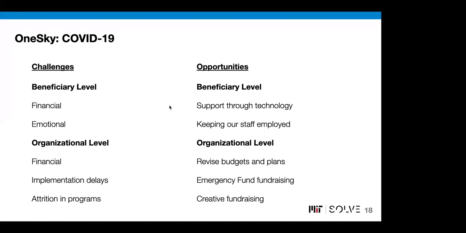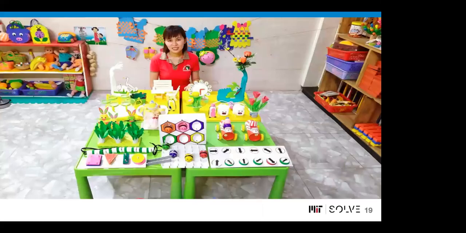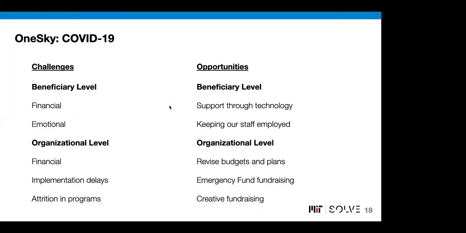Which is helpful, I think, to the local economy because all of the women that we employed are local women from the community. So on the organizational level, we're looking at our budgets, cutting non-essential expenses.